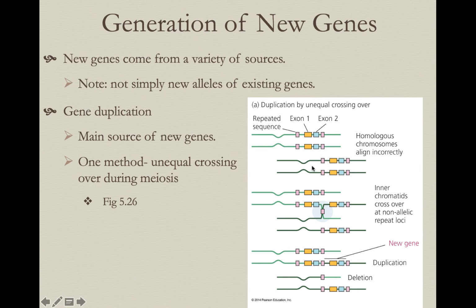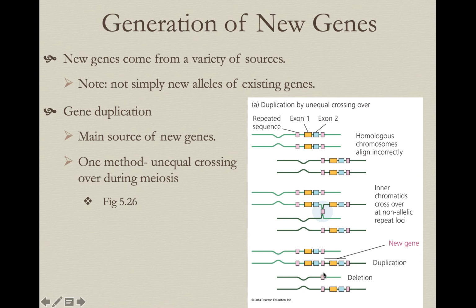See, these two pink ones should be over here and these two should be here, but if these pink ones line up here and we see crossing over occur right here, then we're going to have problems. After crossing over, we have this chromatid, which can form a gamete, has extra copies of DNA. It actually has now an extra copy of these three loci.